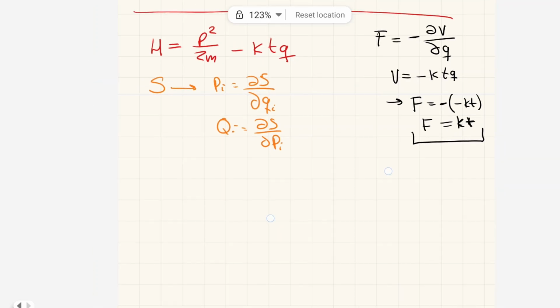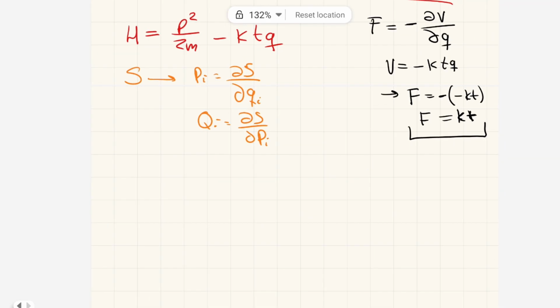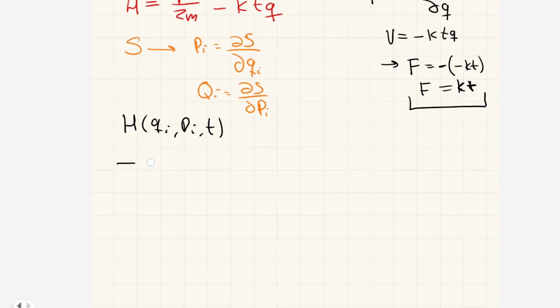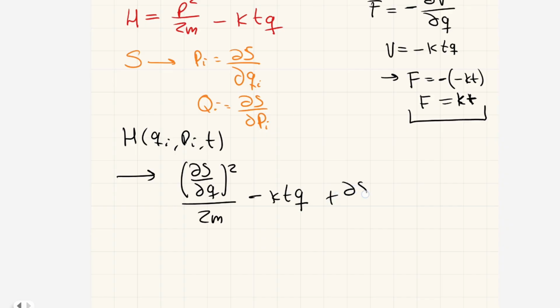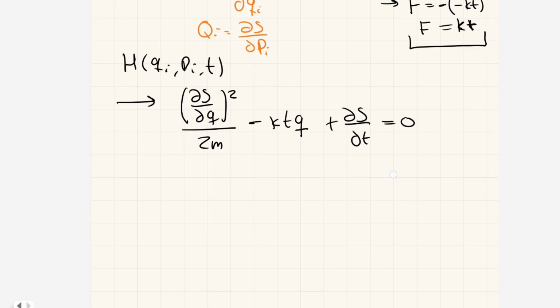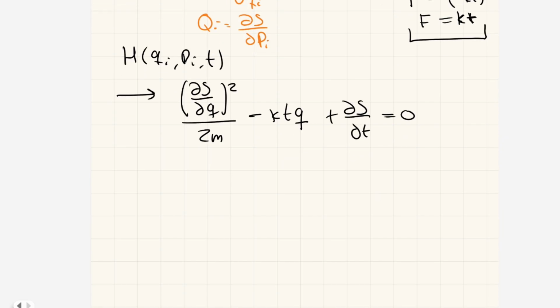Okay, so this is of course for a Hamiltonian of the form Qi, Pi, and T. So the corresponding Hamilton-Jacobi equation will have the form the partial of S with respect to Q squared divided by 2m, and then minus KTQ plus the partial of S with respect to time equals 0. Okay, so the element that is guilty for us not being able to use the method of separation of variables is this element here, because we are multiplying the t and the q.